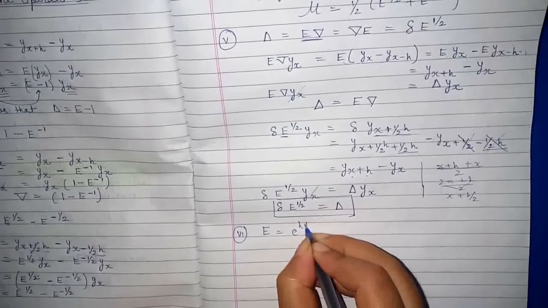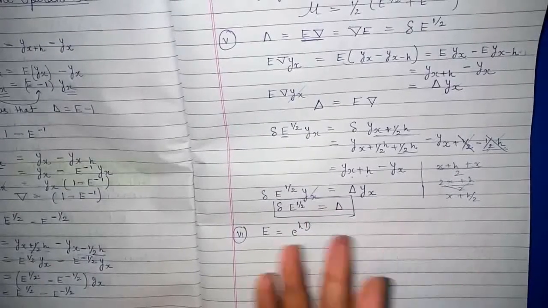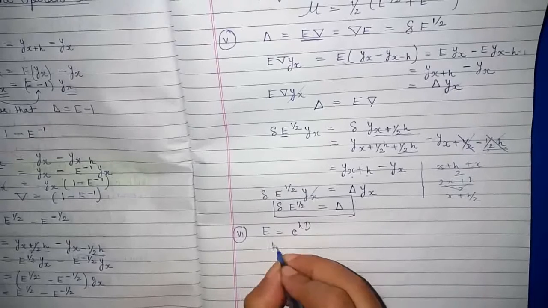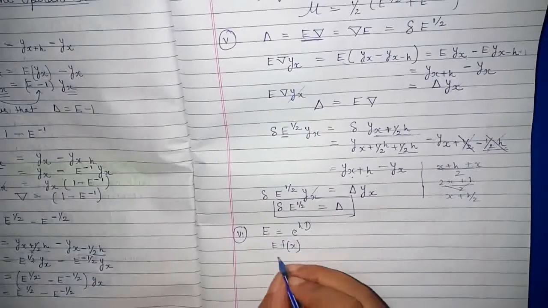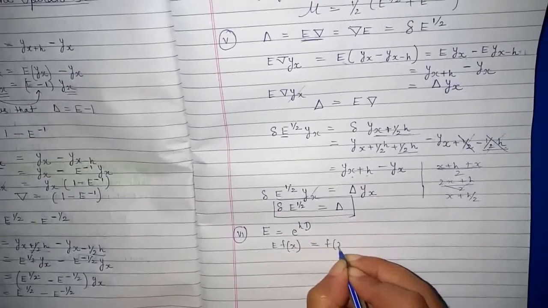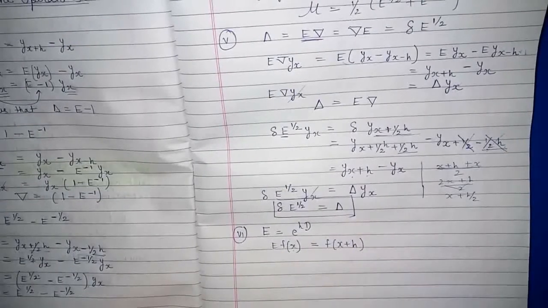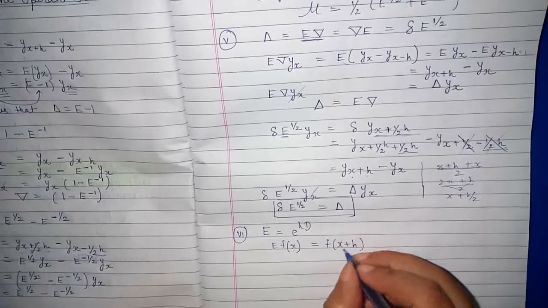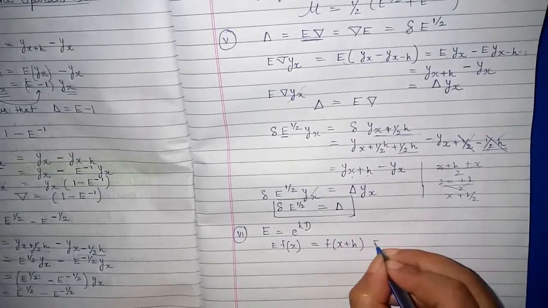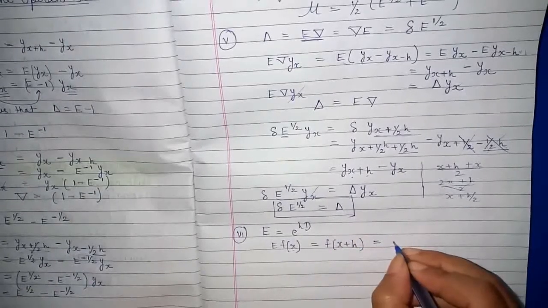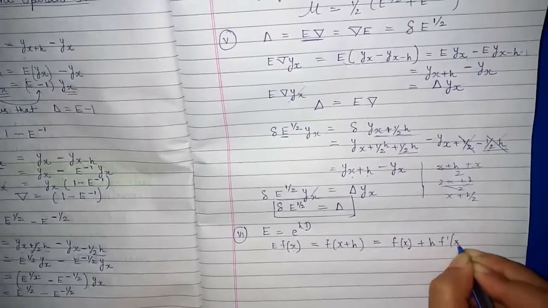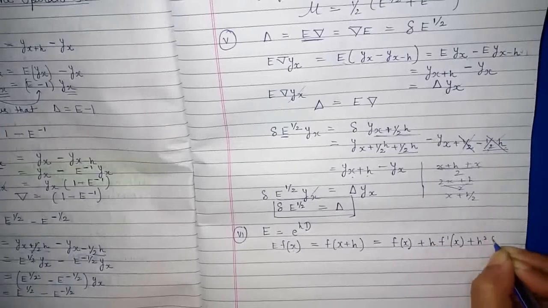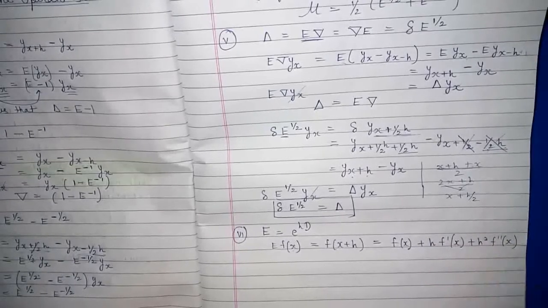So h, and here I am writing d. So what's the meaning of this? I'm first explaining this with the help of Taylor's series, EFX. So EFX means what? Fx plus h, you know this as we have studied earlier, shift operator. Now the formula for fx plus h with the help of Taylor series is fx plus h f dash x plus h square f double dash x, like this.